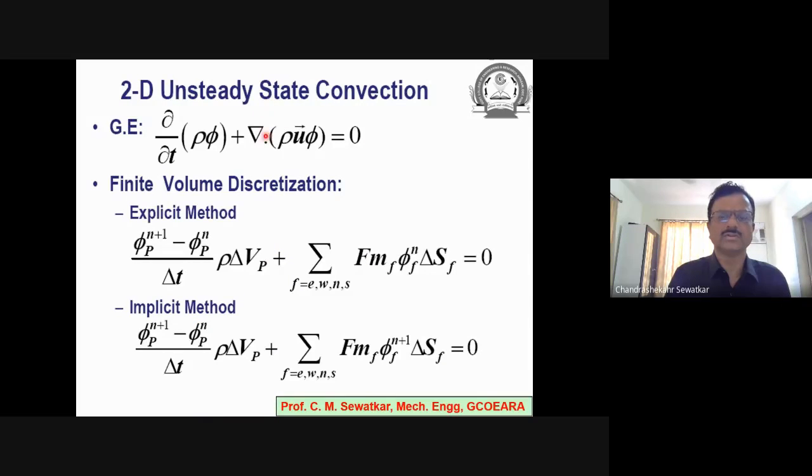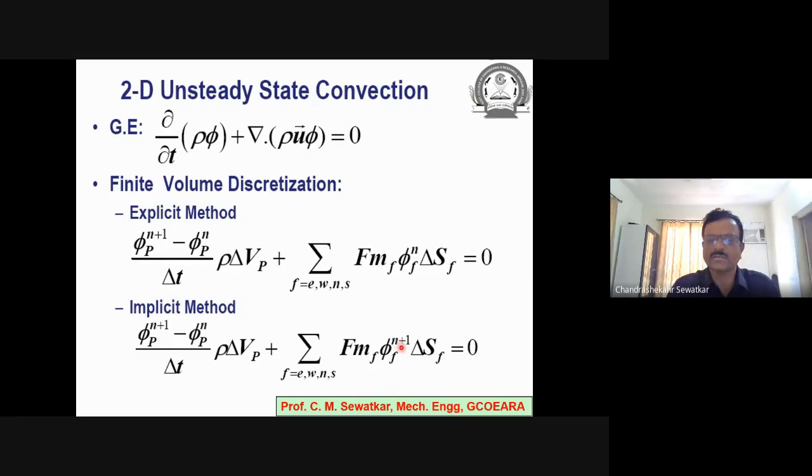First, look at how the equations will change if the process is unsteady. If the convection is unsteady, then this is my governing equation. I have already obtained the expression for the unsteady term, and this is the expression for the convection term. When I write down this convection term at the nth level, then the solution method becomes explicit.